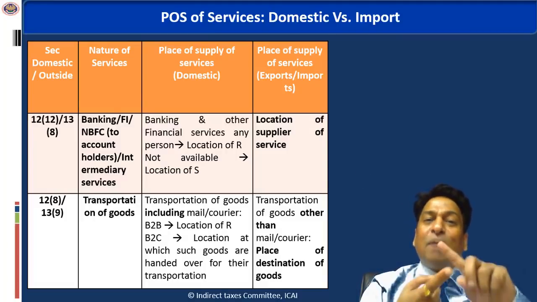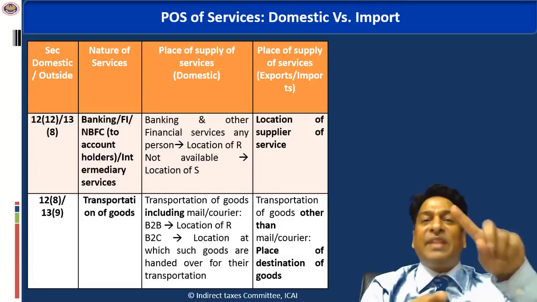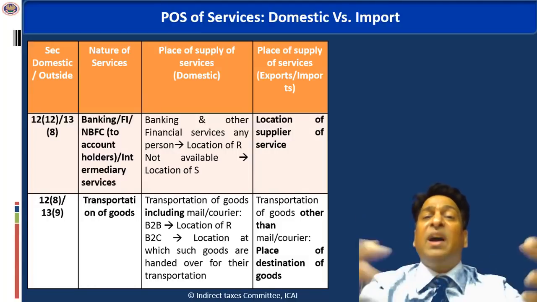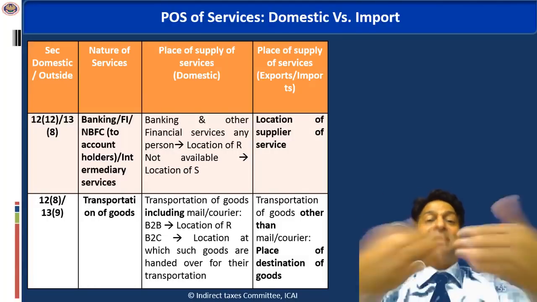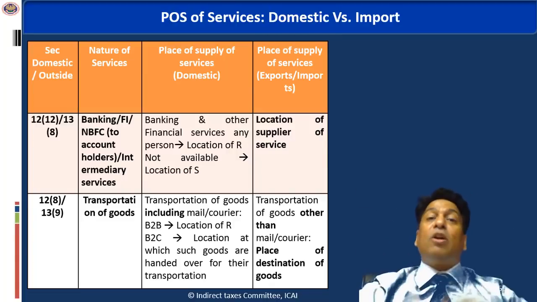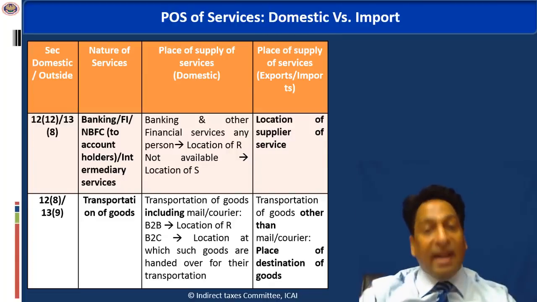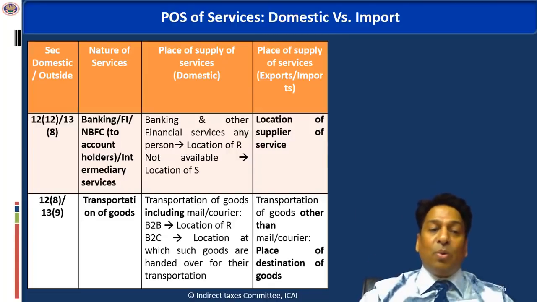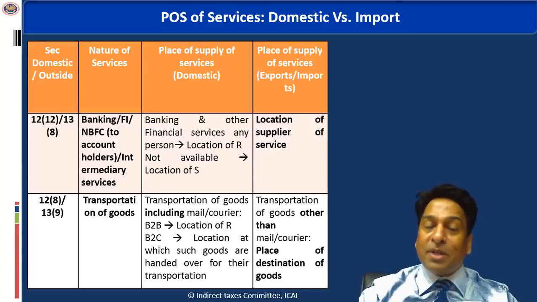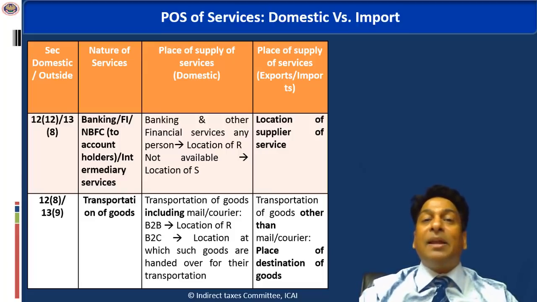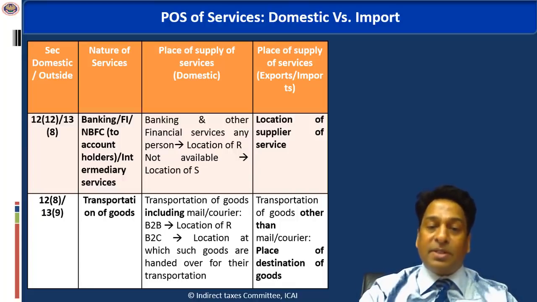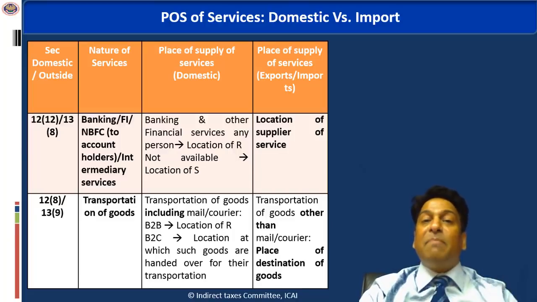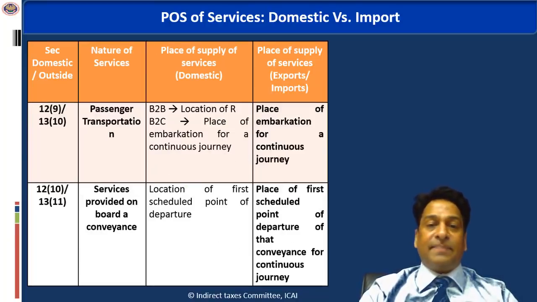So these provisions of GST going contrary to the economic policies of India need to be corrected. I've just highlighted this one. There may be a lot of repercussions when we look at other services. Going to transportation of goods, the place of supply while discussing import and export would be the place of destination of goods, other than mail or courier service.